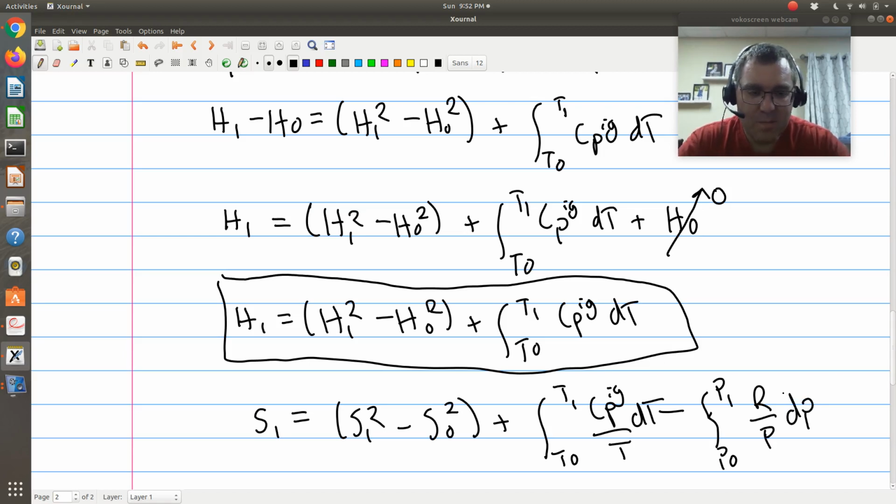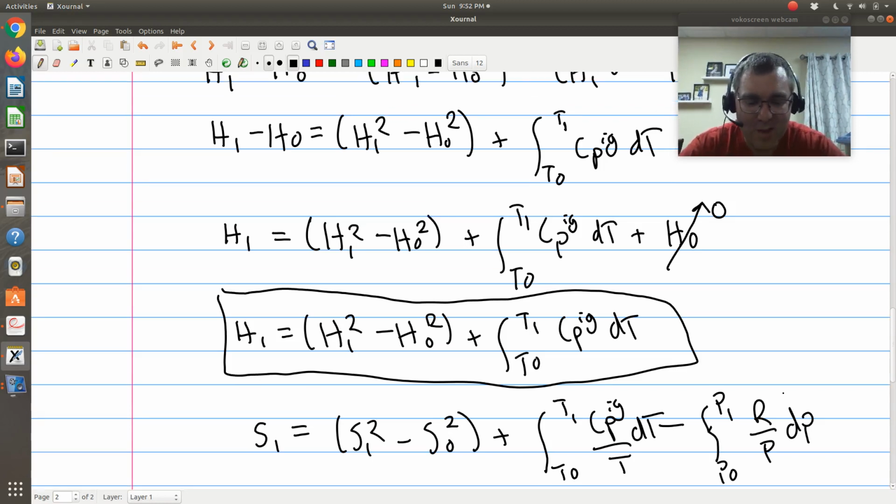Cp again, we're told it's constant, so we just have a log ratio of T's and a log ratio of P's. We've got to compute those last two terms. Okay, cool. So the challenge is often just what's meant by this reference state.